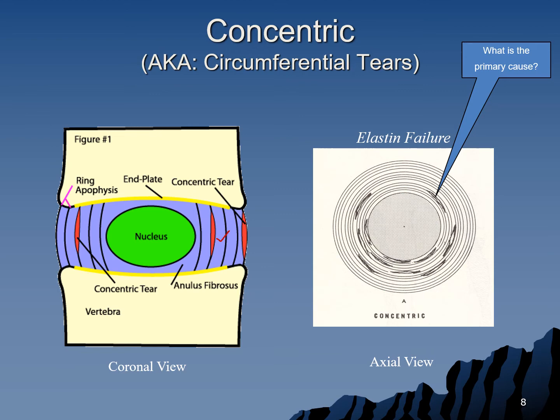And then if we look at it in the axial or transverse view, that is a circumferential tear. And again, the elastin has given way, allowing separation in that area of the annular fibers, loosening that area, making it more prone to additional injury.